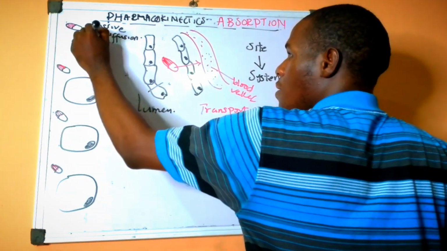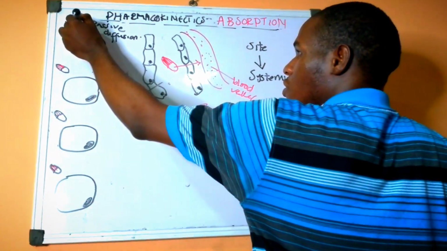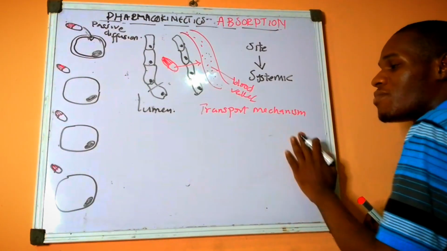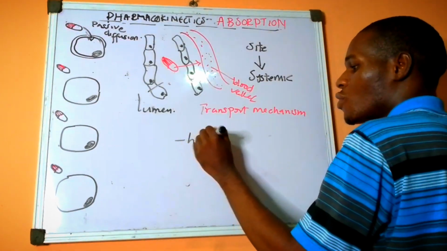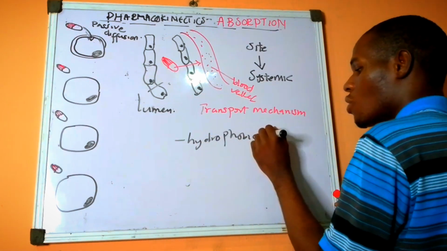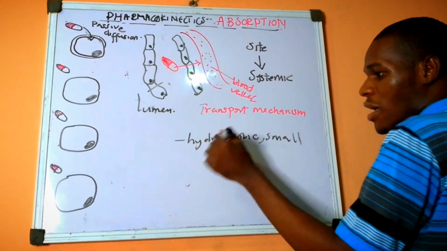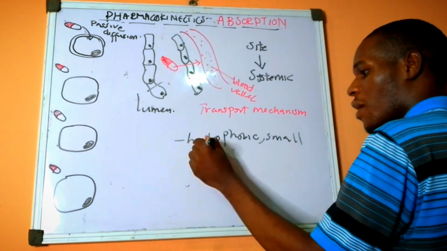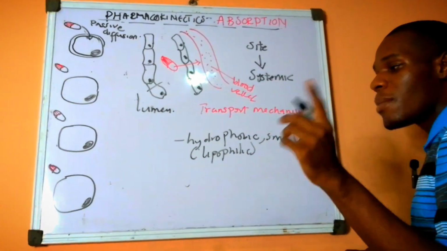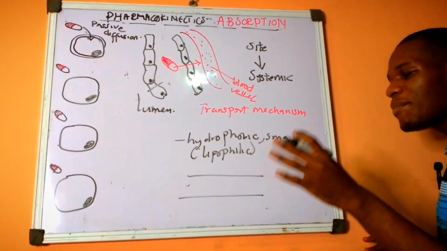And of course, this is the cell membrane. This is the nucleus, and it just passes through. Drugs that undergo this kind of transport mechanism are basically hydrophobic small drugs. They are very hydrophobic. That means they are water hating. Another name for hydrophobic drugs is lipophilic, fat loving, lipophilic small drugs. Remember from our cell physiology that the cell membrane is made up of a phospholipid bilayer.